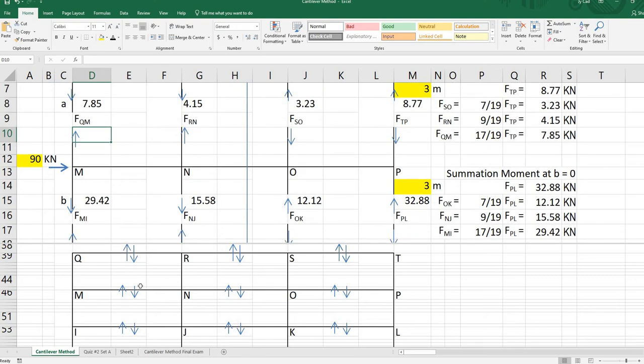Okay, so this time, ang i-consider natin ngayon at node M would be vertical forces which are your column axial forces na 7.85, ito, which corresponds to this arrow, and this arrow, which is 29.42. Ngayon, ang magbabalance dyan sa dalawang yan would be itong shear, girder shear na yan.